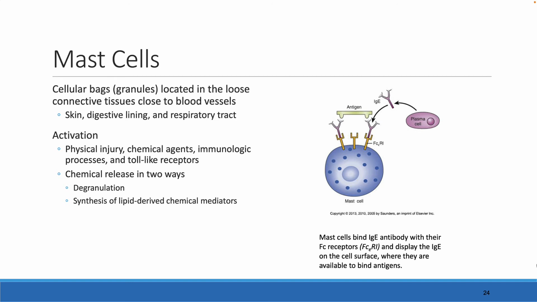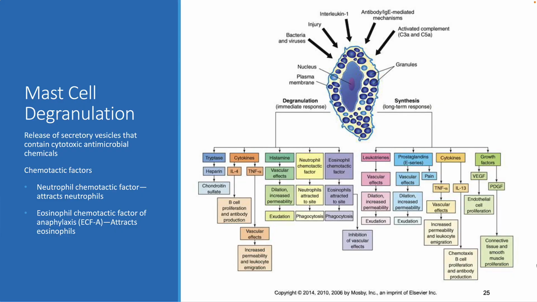And the chemical release can happen by degranulation, as we said, or through lipid-derived chemical mediators. So fat that gets picked up on the cell membrane, I almost said cell wall, but we know that's not a thing, on the cell membrane can activate release of this as well. When mast cells degranulate, they have a lot of contributions to the inflammatory process. So here are some of the cytokines and other chemicals and other messengers that are demonstrated.